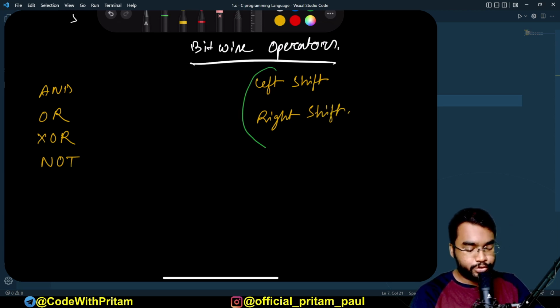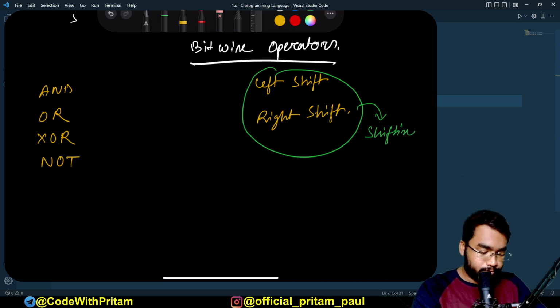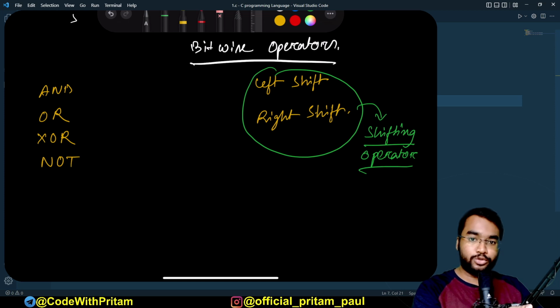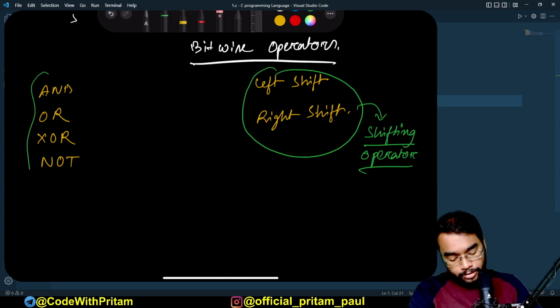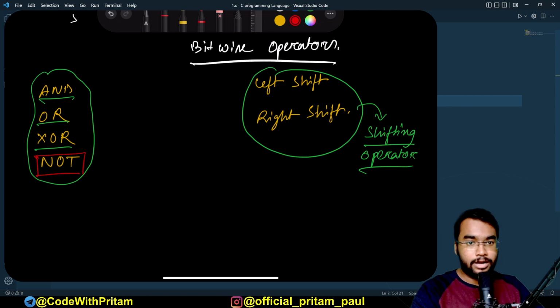Okay, these two are actually bitwise operators, but in my playlist I have made them separate, which is the shifting operator. They are also called shifting operators. It's not my creation, by the way, but I am taking these two operators separately. Okay, we will talk about them, especially these and these. We will talk about the bitwise NOT operator later, not now. Okay, why later? That thing also you will understand. Don't worry.